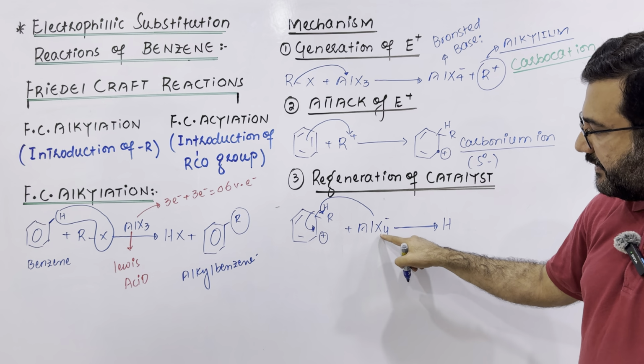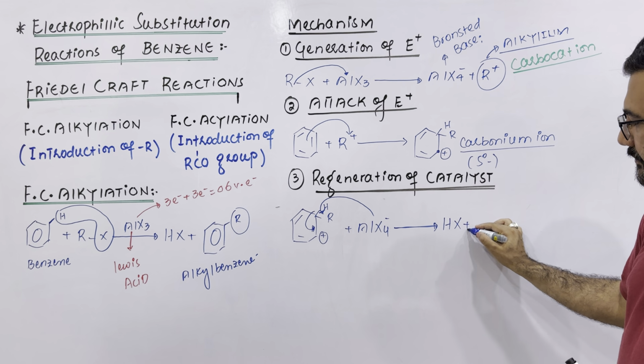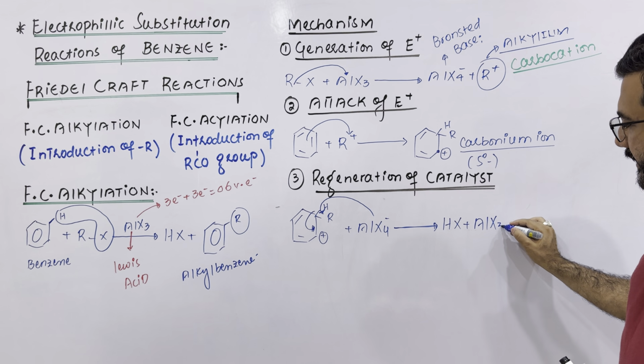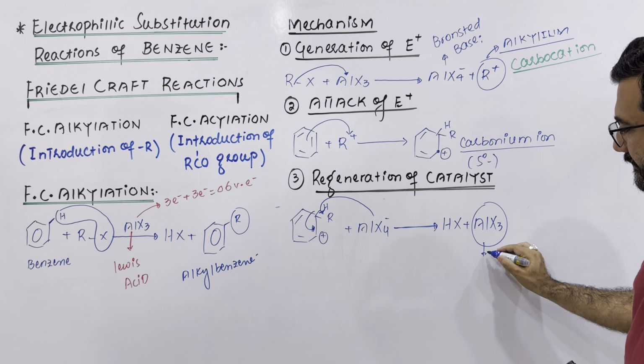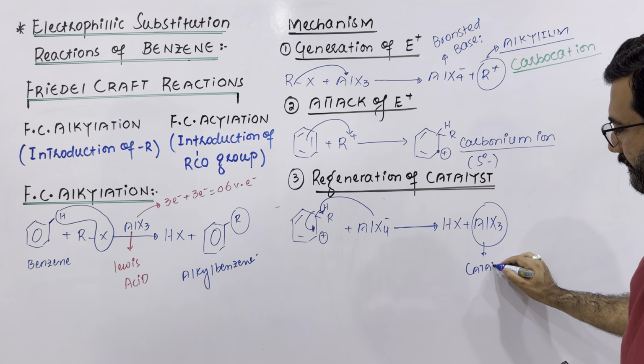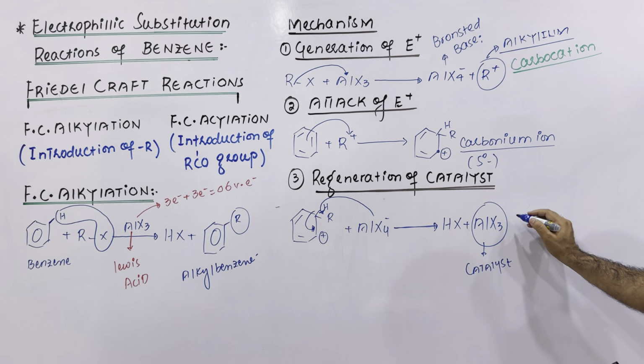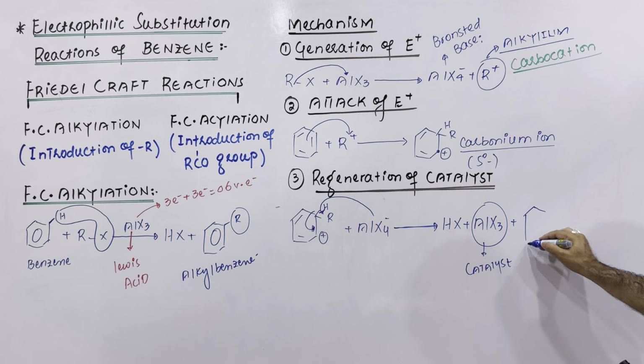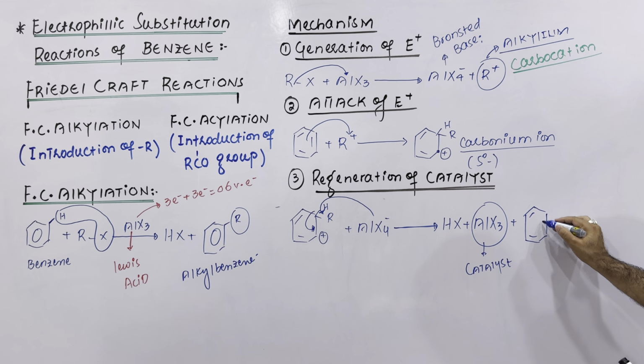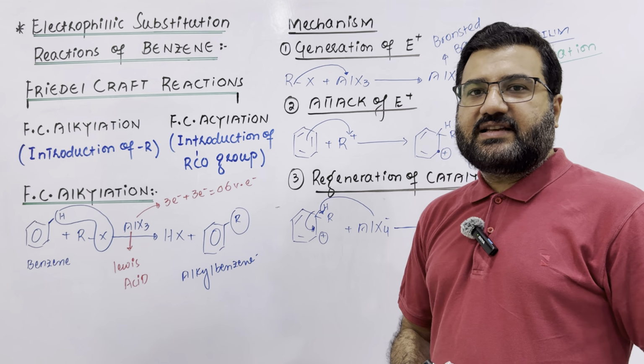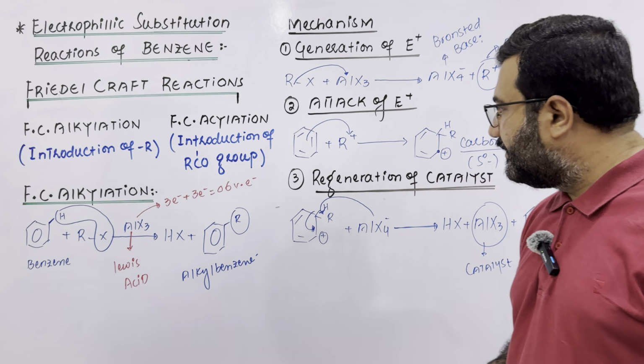This H positive and X negative will combine to form HX. The catalyst is regenerated, and finally you will get the alkyl benzene. So these are the three steps of the Friedel-Crafts alkylation.